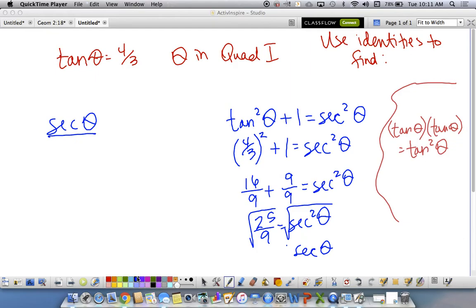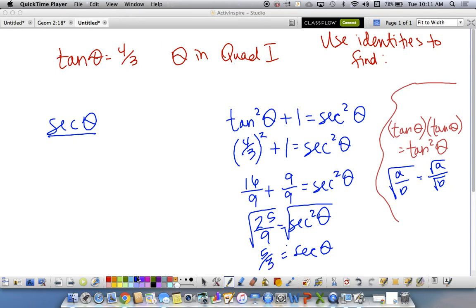What do we do with a fraction when it has a square root sign over the whole thing? Square root of the top over the bottom. It's the square root of A over the square root of B. So the square root of 25 is 5. What's the square root of 9? 3.